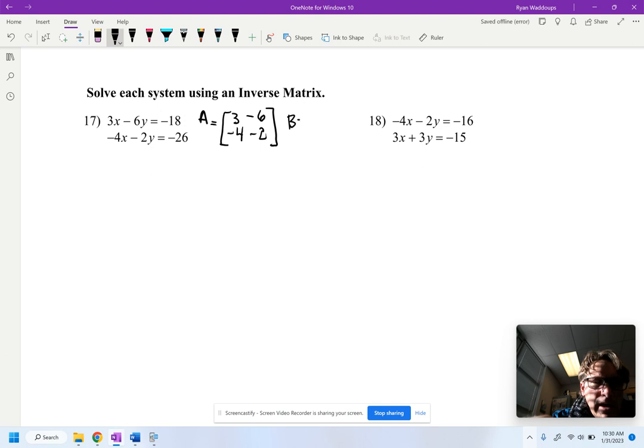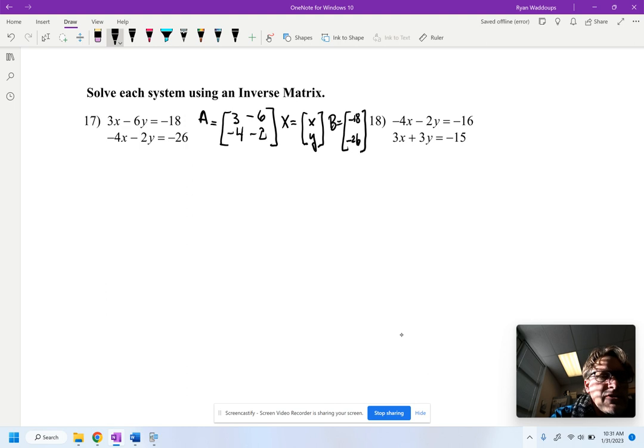And we'll call B, well, let's go ahead and write X as well. Our capital X matrix is the one that refers to the little variables X and Y. And then B is equal to the matrix -18 and -26.